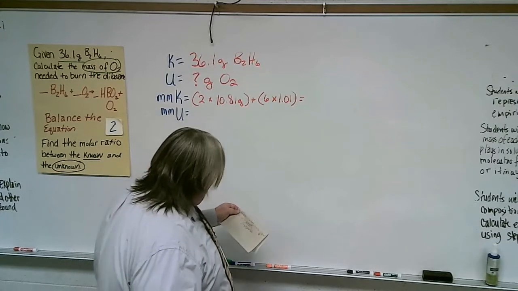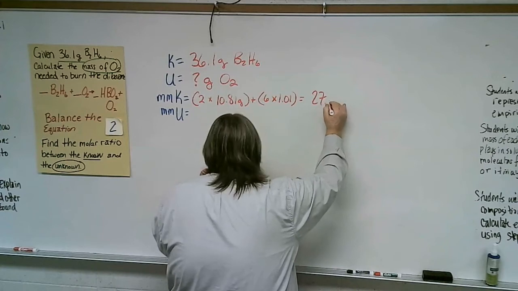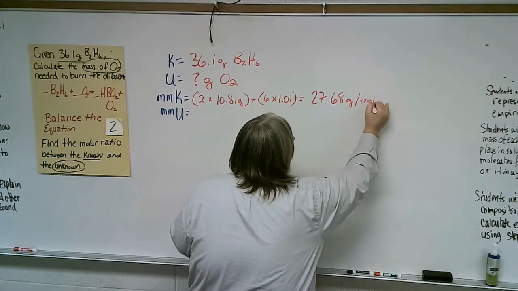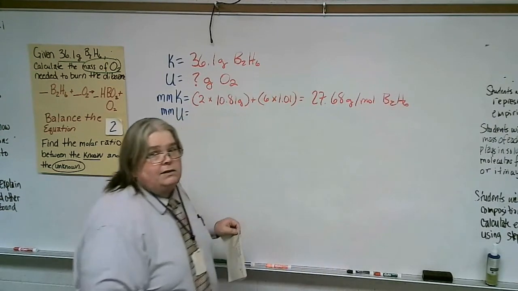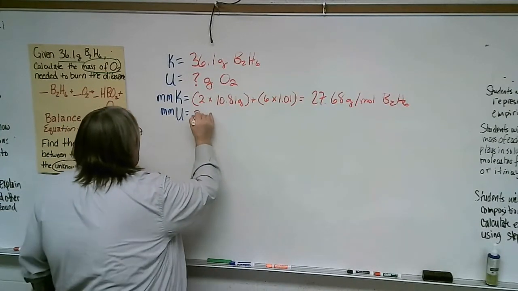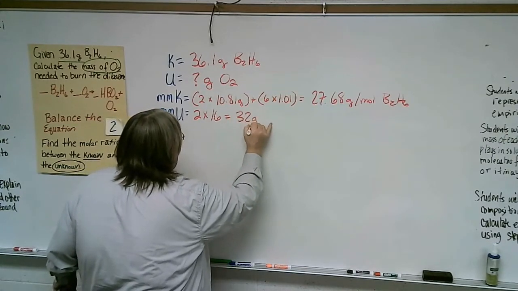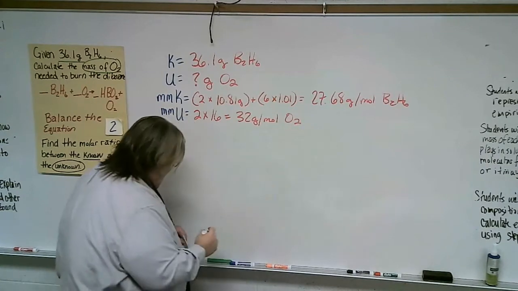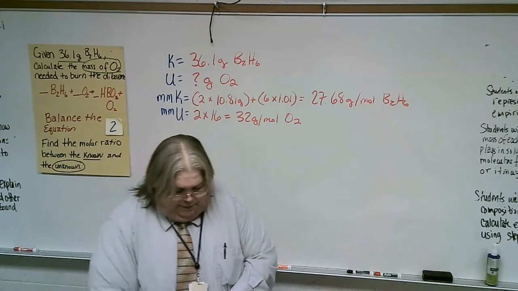When we do the math out, we get 27.68 grams per mole of B2H6. Oxygen is relatively easy. 2 times 16 gives us 32 grams per mole of oxygen. So we have our known, we have our unknown.